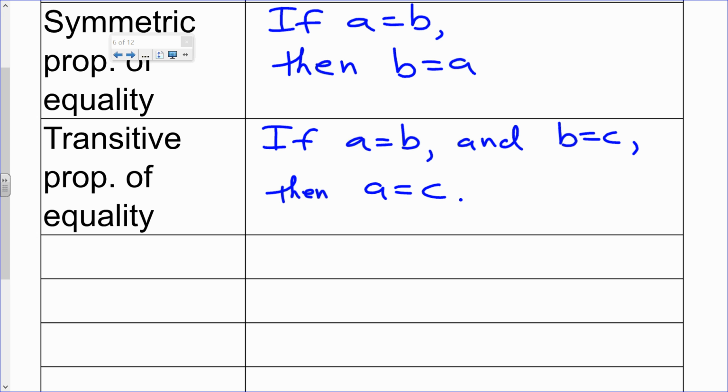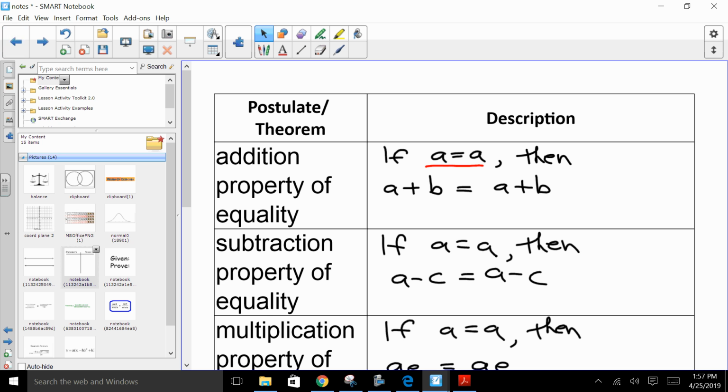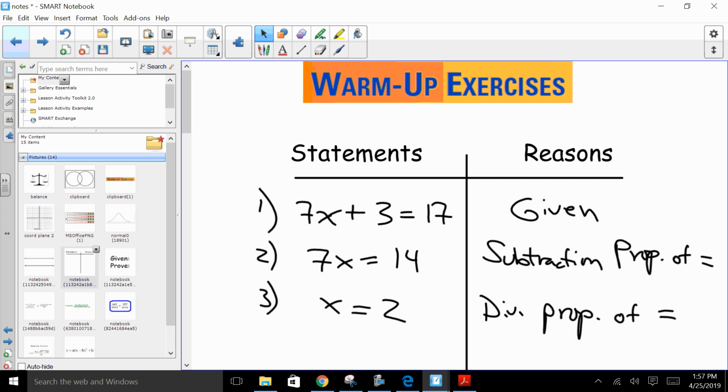We have to tell what the law is. That's the whole point right now. So think of the warm-up. You gave me an argument for why x equals 2, and here are the reasons why. Okay?